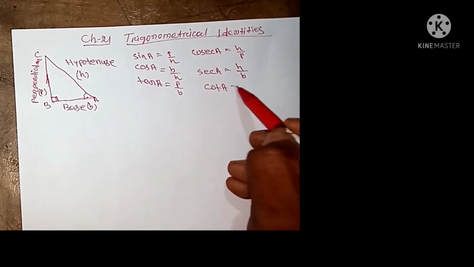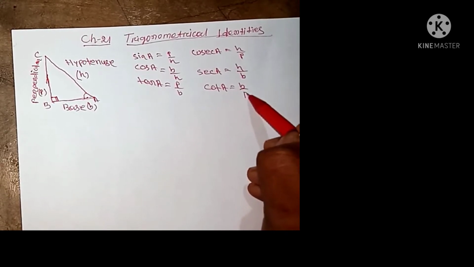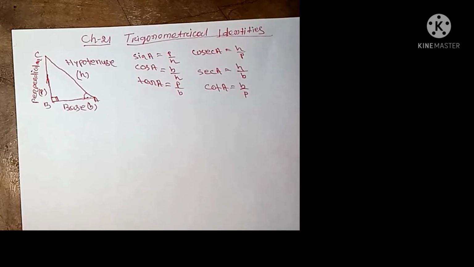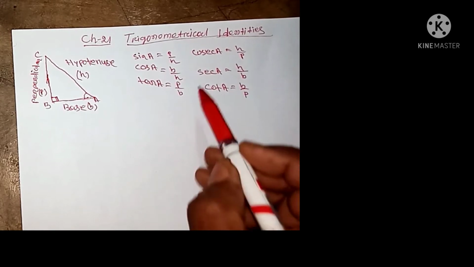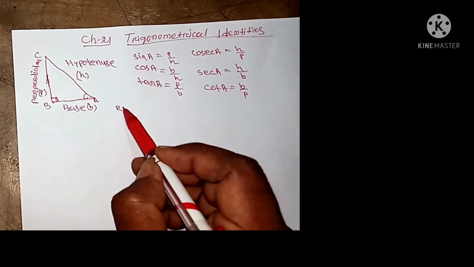Cot A is equal to B by P, base by perpendicular. Each trigonometrical ratio is a real number and it has no unit. Then the reciprocal formula.